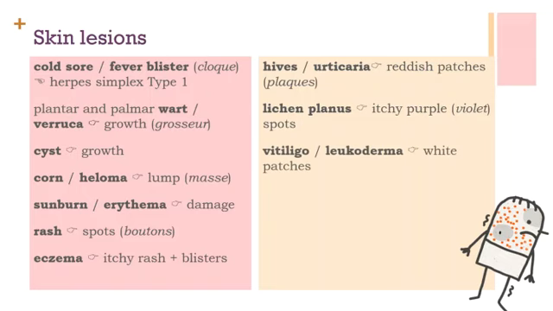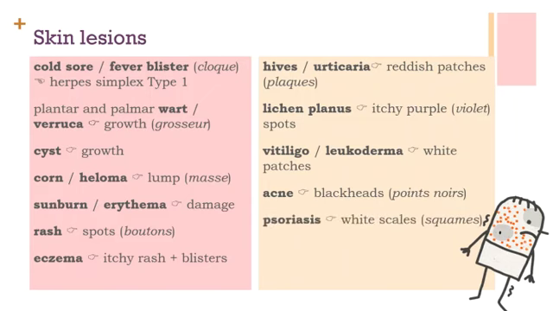Vitiligo is a condition in which white patches appear on the skin. Acne is an inflammation of the sebaceous glands which makes blackheads appear on the skin. Psoriasis is an inflammation of the skin.